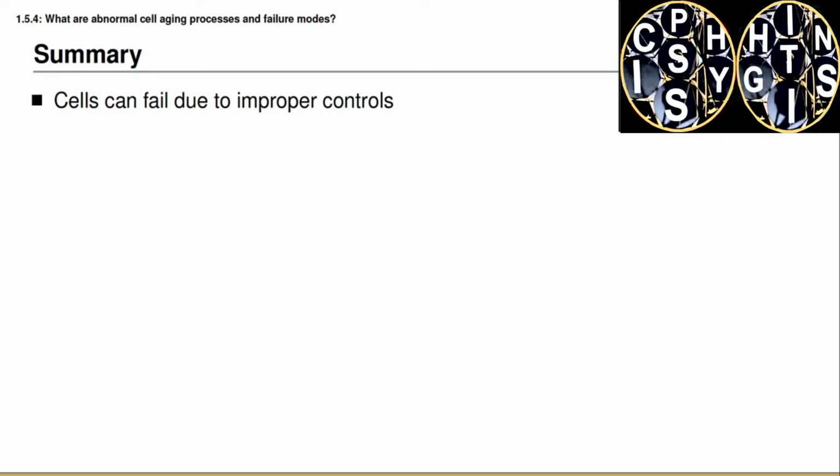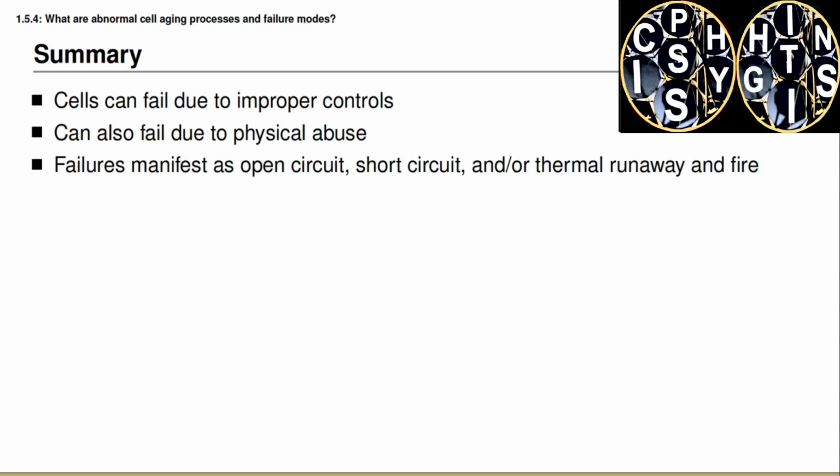So in this short lesson, you've learned that cells can fail due to improper controls. They can also fail due to physical abuse. The failures manifest themselves externally either as open circuit or short circuit and/or a thermal runaway event.